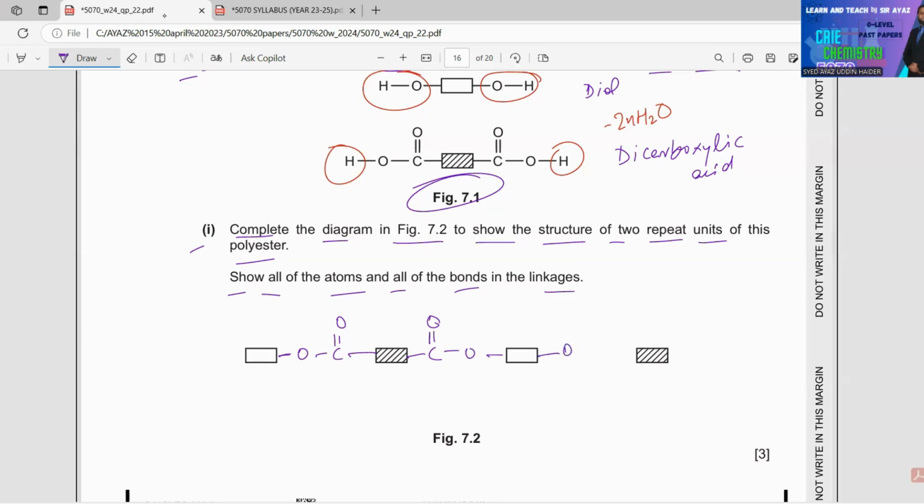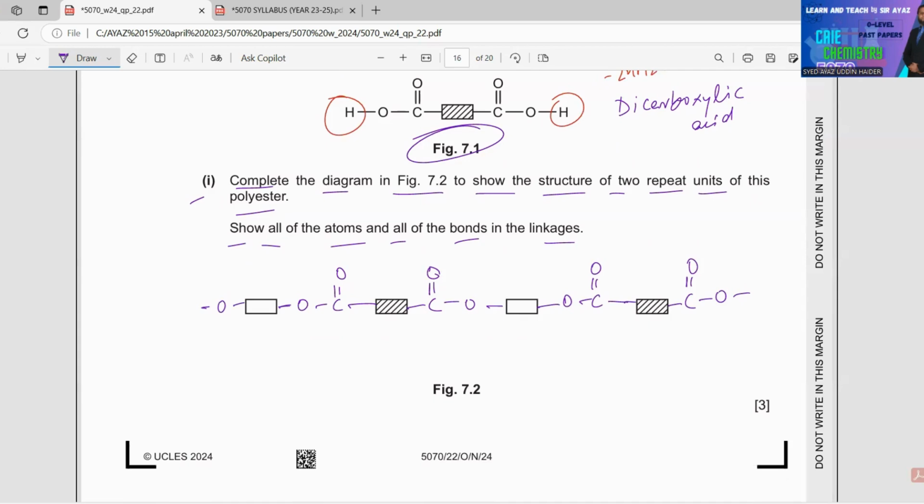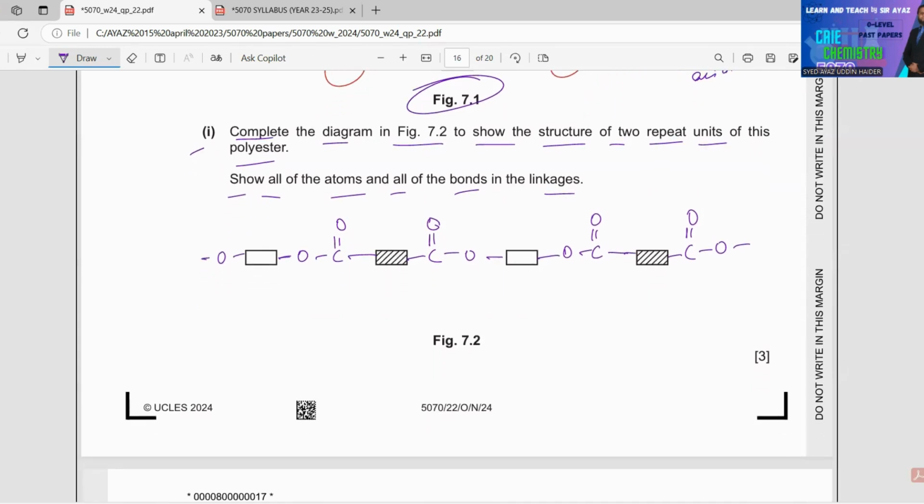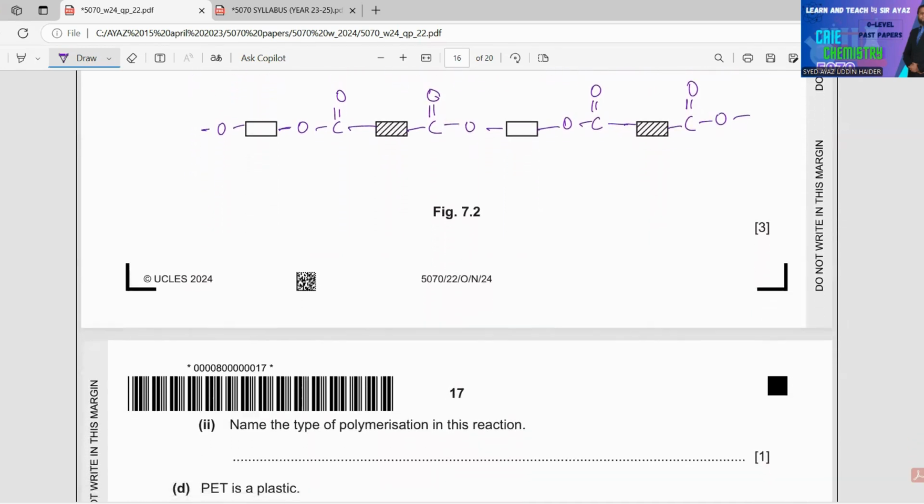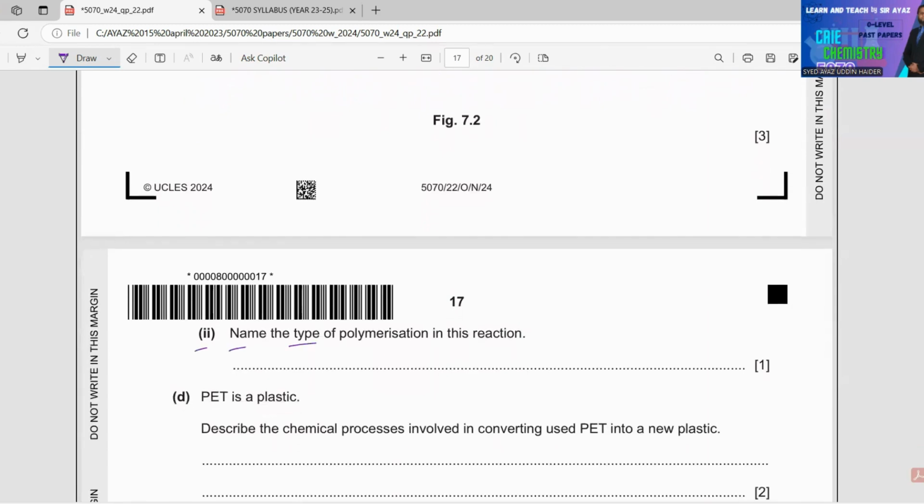Then again O, C double bond O, and so on. This will be the final repeat units. Number 2: name the type of polymerization in this reaction. It's condensation, so I will write condensation here.